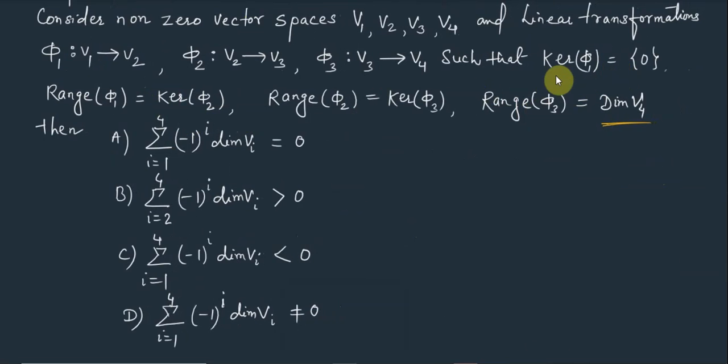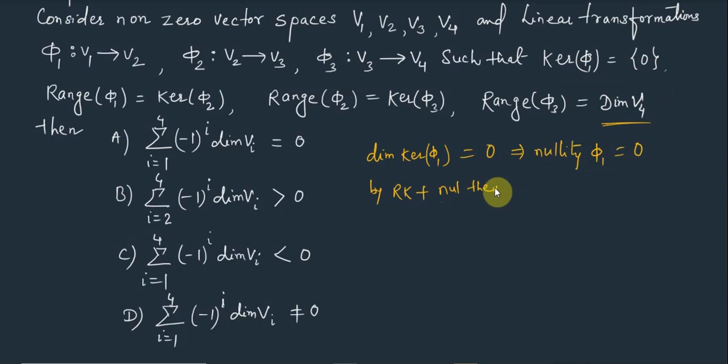This means the kernel, the null space of phi1, has only the singleton 0, therefore its dimension is 0. So nullity of phi1 is equal to 0, and by the rank-nullity theorem, rank of phi1 plus nullity of phi1 is equal to the dimension of V1, because phi1 is from V1 to V2.